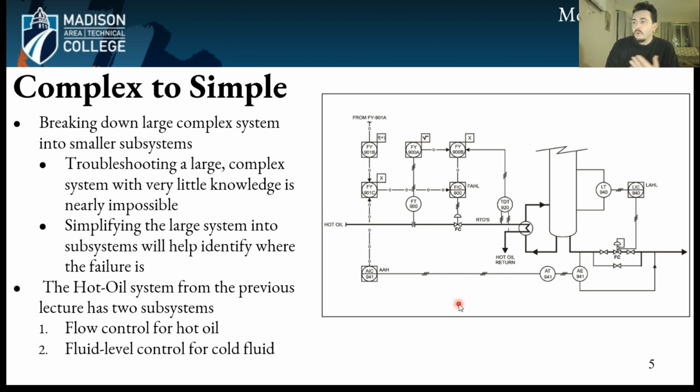So we did this before with this example, actually. We looked at this the same example where we have hot oil coming in. It goes through this heat exchanger here, and it basically provides heat to this cold fluid over here. The hot oil has a flow rate that's controlled by this valve and has this array. These are all the components that are involved with the controlling of this valve.